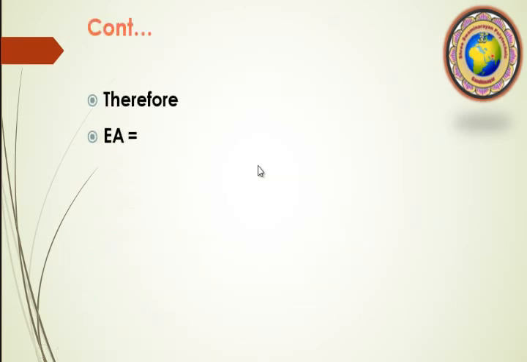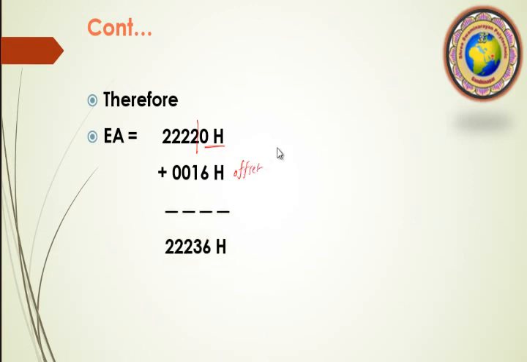Therefore our effective address for the given data 2222H, adding 0H, plus our offset, gives the output effective address 22236H.